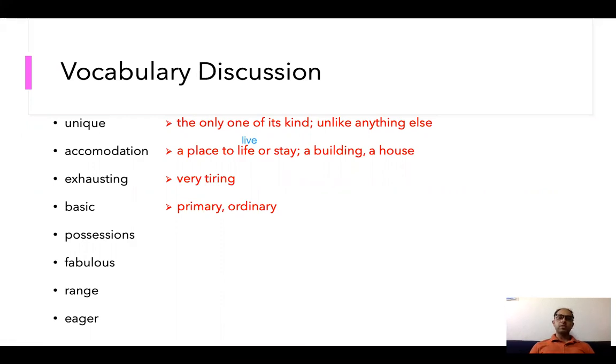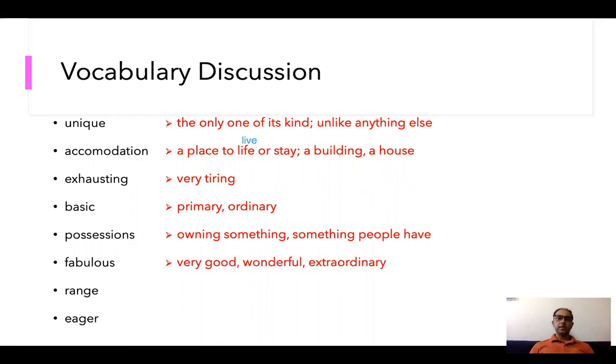Next is possessions. Possessions are things that you have, that you own. For example, your pen is your possession. If somebody has a house, that's their possession. Fabulous is amazing: very good, wonderful, or extraordinary. Range is a set of different things. A range of vegetables, different types of vegetables.